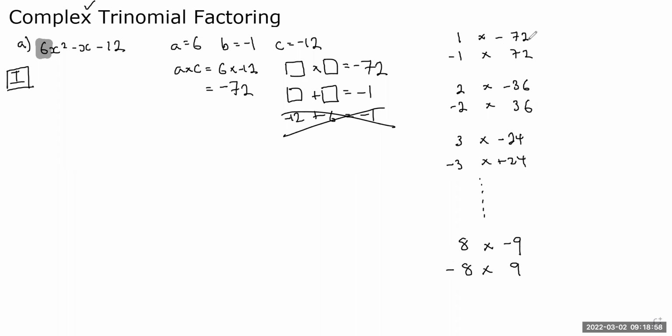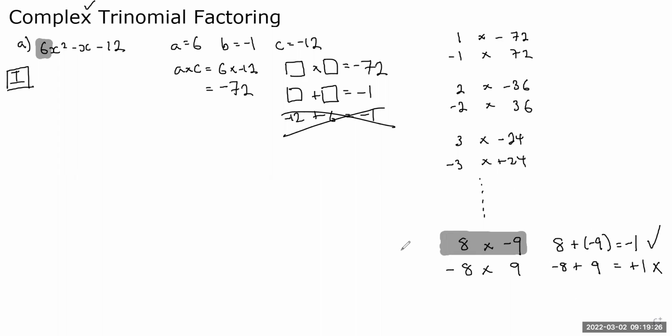None of these, if you add them together, gives you a negative 1, except this one. How do I know? Well, you just try it. 8 added with a negative 9 gives me the negative 1. Check. Because if you do negative 8 plus the positive 9, you get a positive 1. That's not what I'm looking for. So you have to go through all of them.